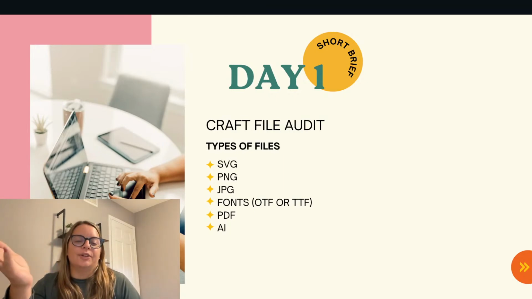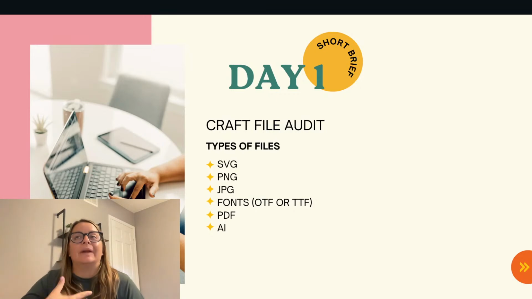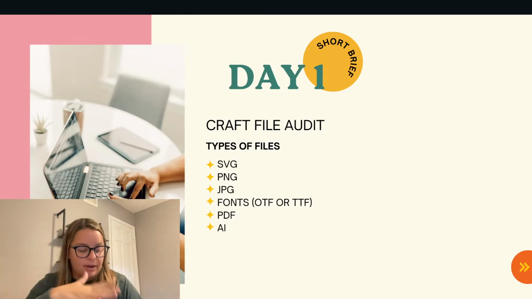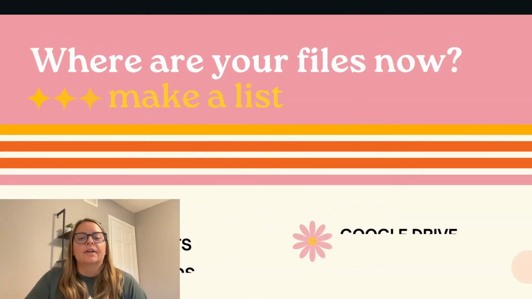And you might accumulate some PDF files, although it's not quite as common for crafting unless you're getting patterns, maybe you like to sew or crochet and you've got some patterns piling up. And I have AI, which is just Adobe Illustrator. If you're creating your own SVGs, those might be in Adobe Illustrator or Inkscape or Silhouette Studio, right? It's just good to know the kinds of files that we have.